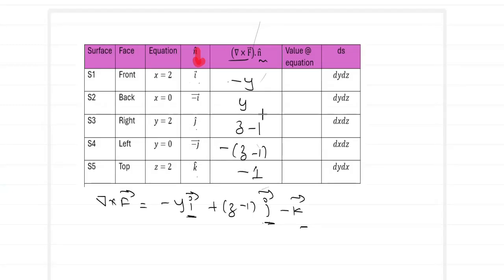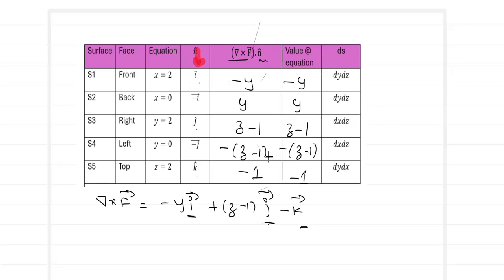Now by substituting all these values, we will put the equation back to get the value. No x for substitution, so this remains as minus y. No x for substitution, so this remains as y. No y for substitution, so this remains as z minus 1. No y for substitution, so this remains as minus (z minus 1). And no z for substitution, so it remains as such. If there is going to be variable x, y, z, you have to replace it with the corresponding values.